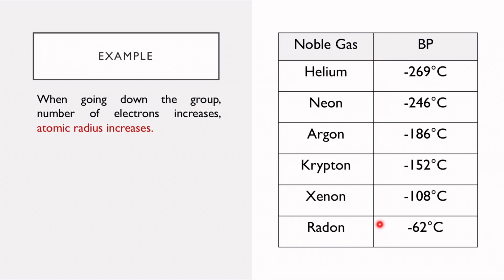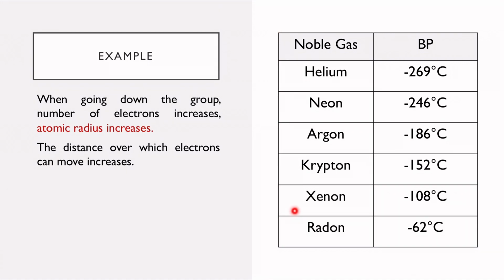Maksudnya, you need more energy to reach boiling point for radon than helium. Okay. So, the distance over which electrons can move increases going down the group.